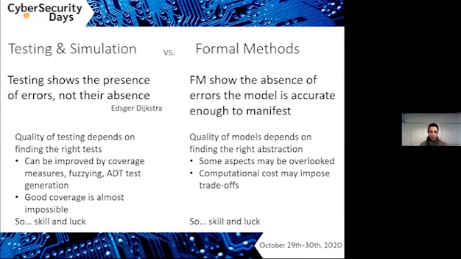And here the quality of the answers we get from our selection of formal methods will depend a lot on finding the right level of abstraction, deciding exactly what to leave out of the model and what to put in the model. And there are issues here and limitations because maybe we are overlooking some aspects in our modeling that later in the life of our system will turn out to be critical aspects that we overlooked, and now they're coming back to bite us.